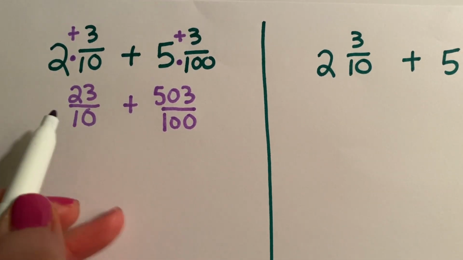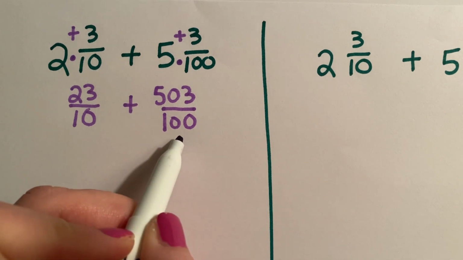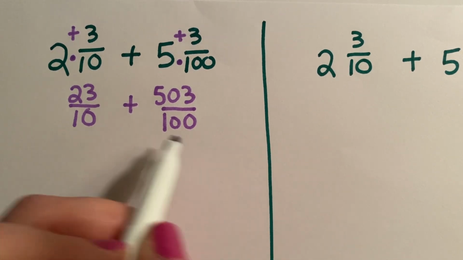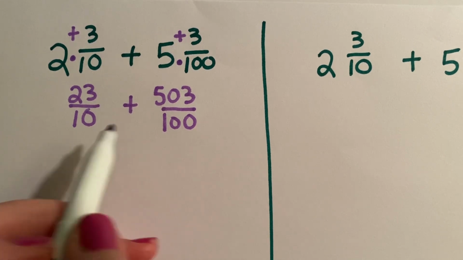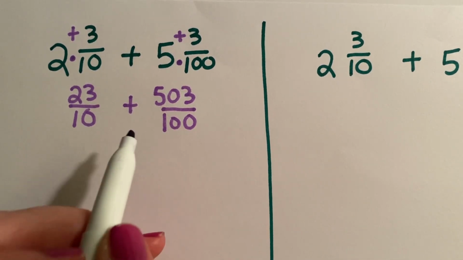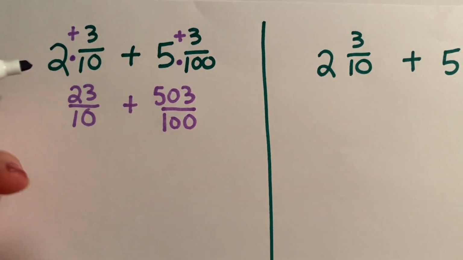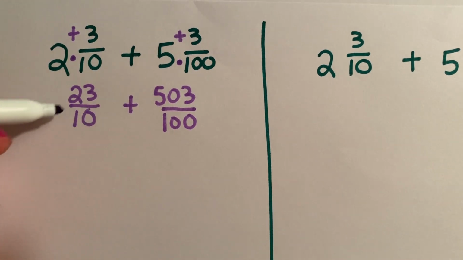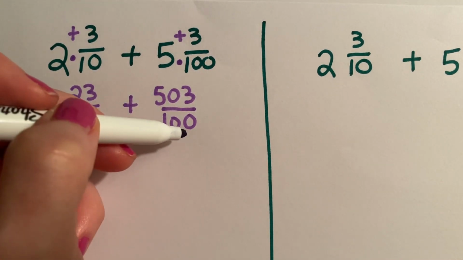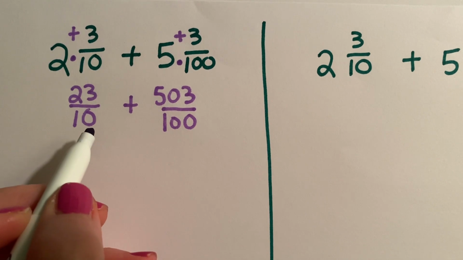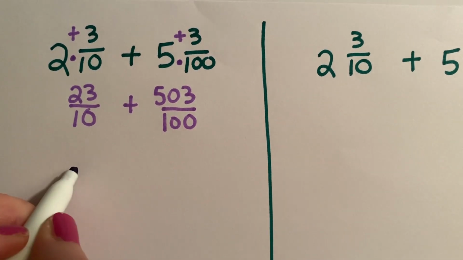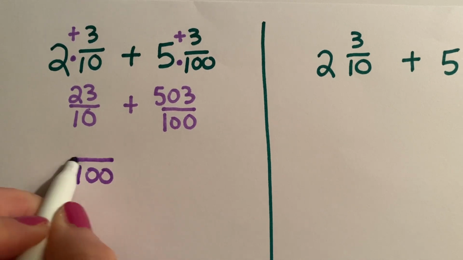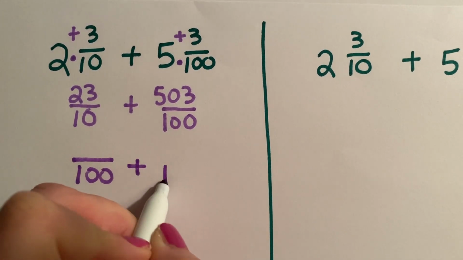We could multiply 10 times 100 and get 1,000, but that's going to get really big. This is a case of addition where we have an LCM situation. Because we can grow the 10 to 100, the least common multiple of 10 and 100 is 100 itself. So I'm going to bring that down.